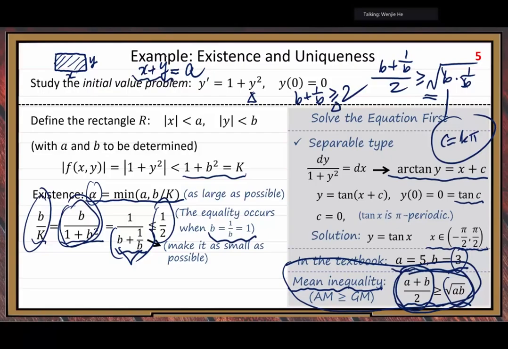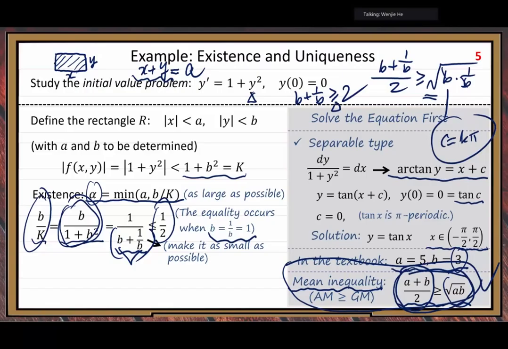You have the freedom to choose X and Y. So how do you choose X and Y to get the largest area? You can use this theorem to get your answer.